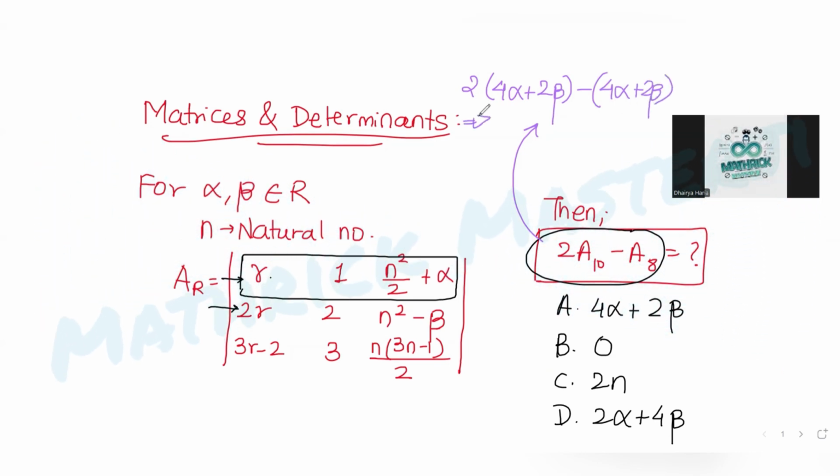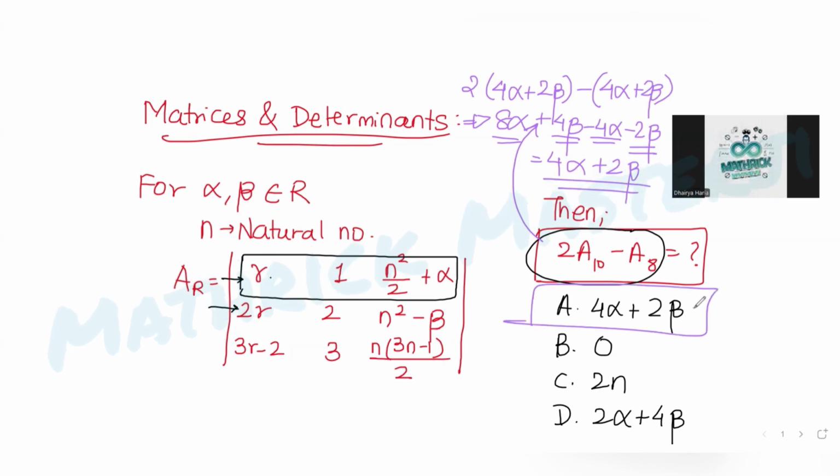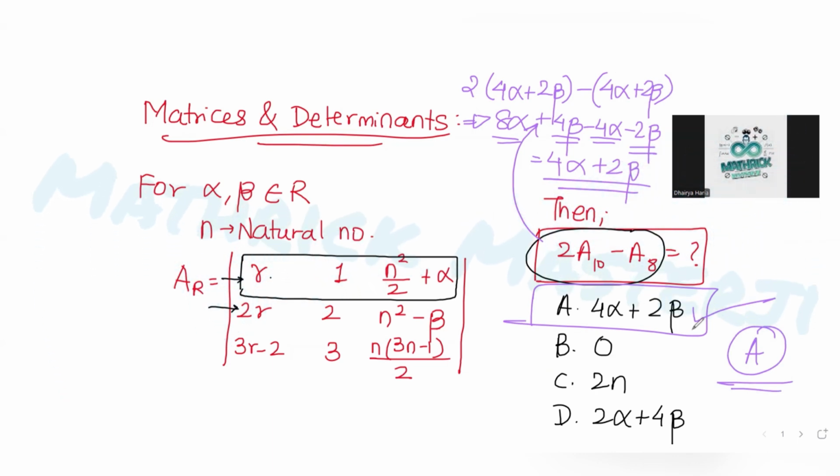So I get 8 alpha plus 4 beta minus 4 alpha minus 2 beta. 8 alpha minus 4 alpha is 4 alpha, and 4 beta minus 2 beta is 2 beta. So I get 4 alpha plus 2 beta, which matches answer choice A. So A is the correct answer.